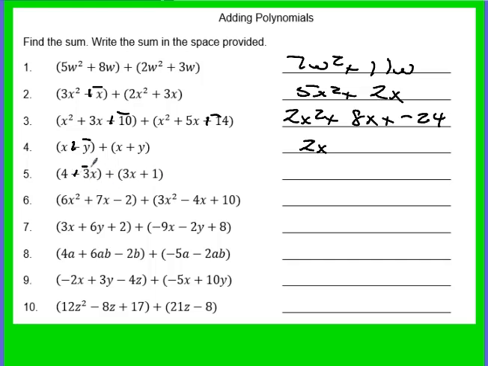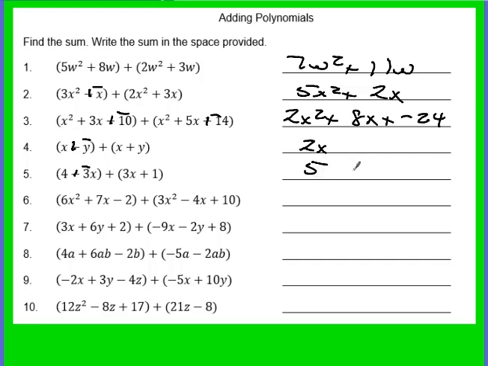I change this right here just like I'm supposed to do. So I've got a 4 and a 1 that go together to make a 5. And then this negative 3x and this positive 3x, that's going to make 0x. And we don't put a 0x, we just put nothing, because anything that's represented 0, you just put either 0 or you don't put anything at all. So the answer to number 5 is just plain old 5.